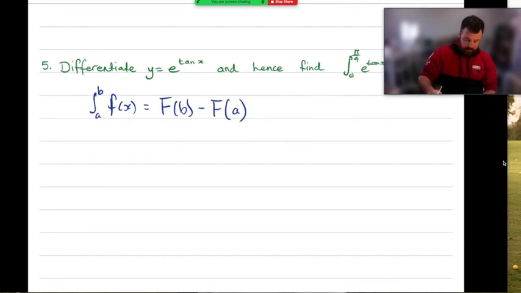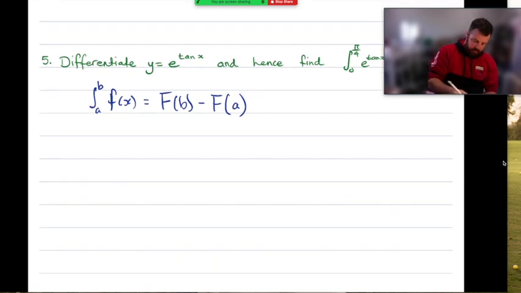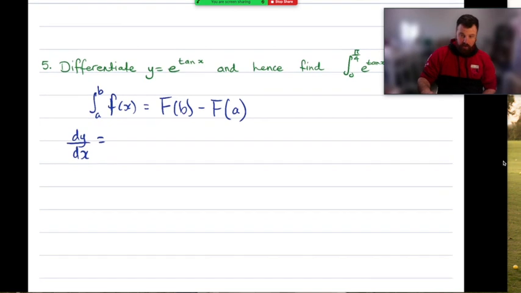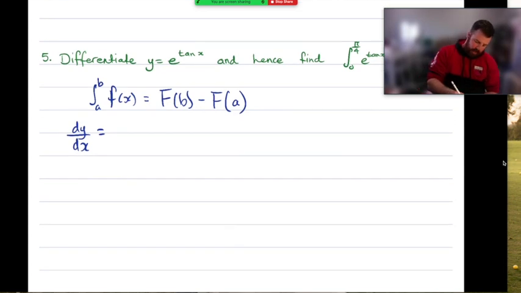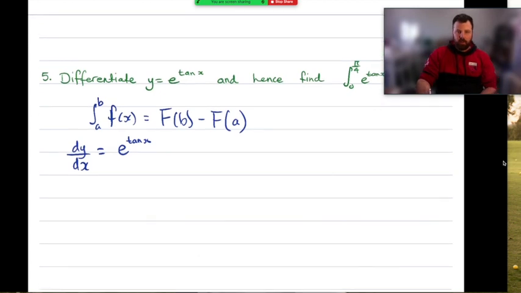So let's go through and find the derivative. dy on dx is equal to, well, we love e to the tan of x because it's its own derivative, so e to the tan of x is going to be part of the derivative.